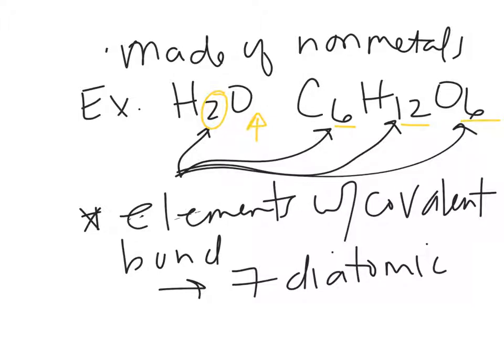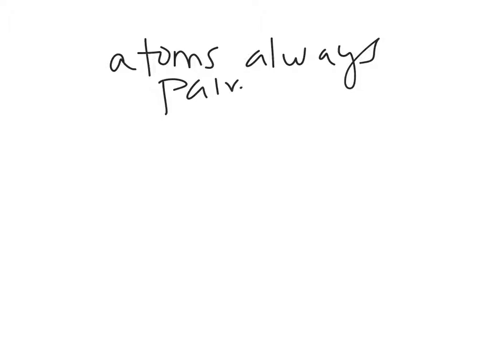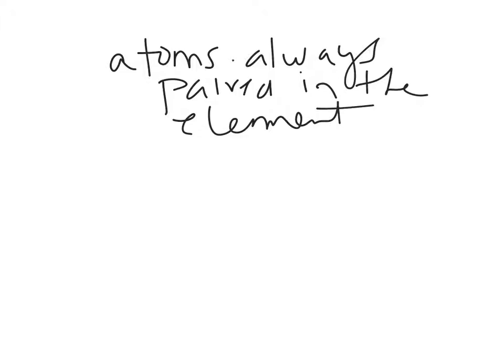These diatomic elements always exist as pairs when they're found in their elemental state. So the atoms are always paired in the elemental state. If I tell you I'm talking about hydrogen gas, it's H2, nitrogen, N2.